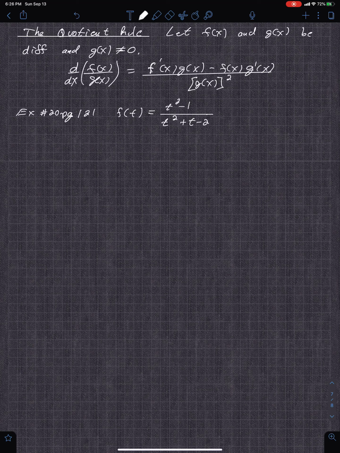So f'(t) is equal to the derivative of the top, which is 2t, times the bottom, t squared plus t minus 2, minus the top, t squared minus 1, times the derivative of the bottom, which is 2t plus 1.